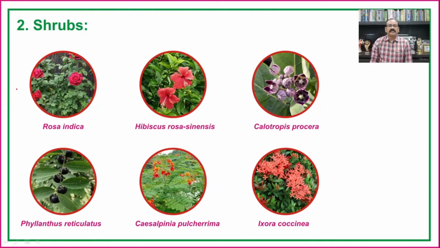If we compare the shrubs with the herbs, then we will find a distinct difference between these 2 plants. The herbs and the shrubs both may be branched or unbranched, but usually the shrubs are profusely branched. Here, if you see these shrubs, we will find such type of branching from the different regions.